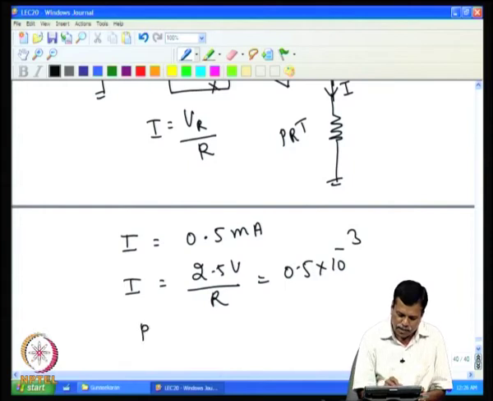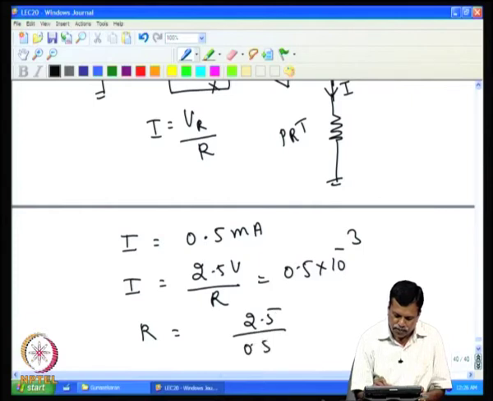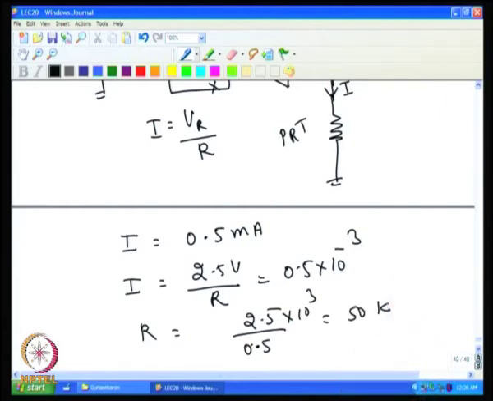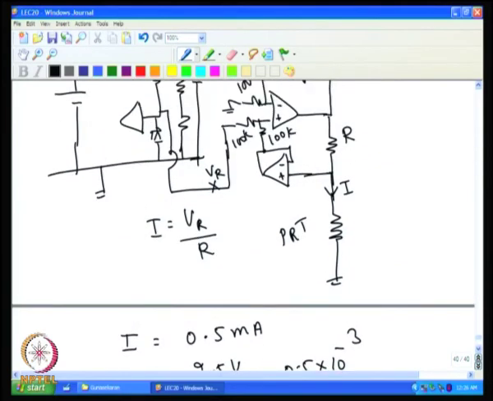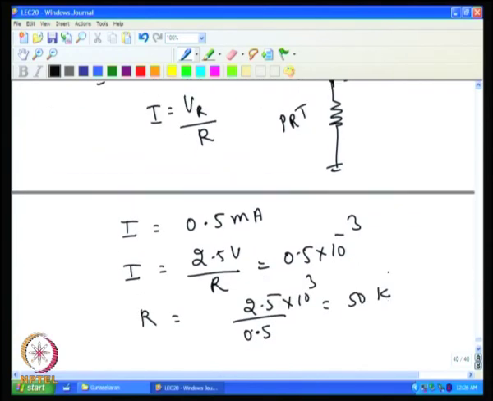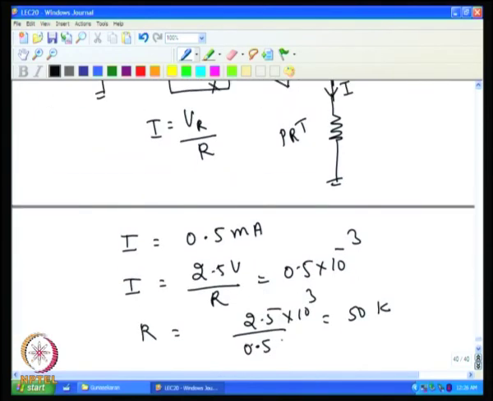So, the value of R can be computed: 2.5 divided by 0.5 into 10 power minus 3, that comes to 5K.